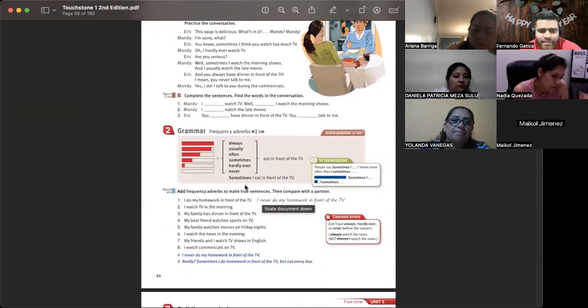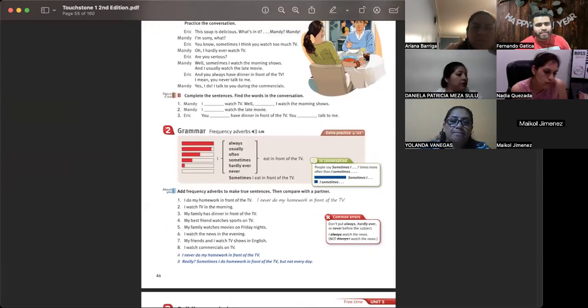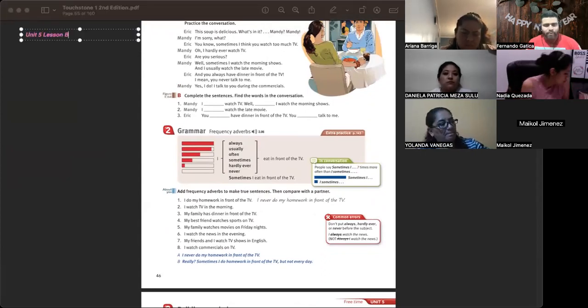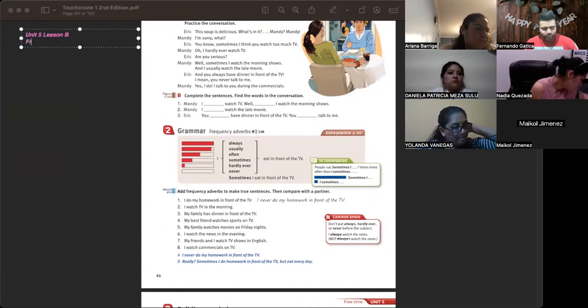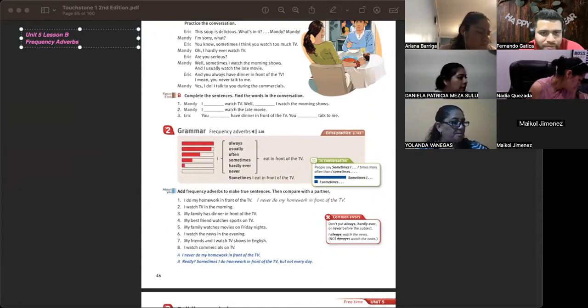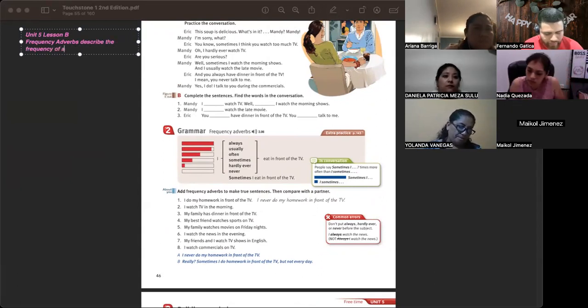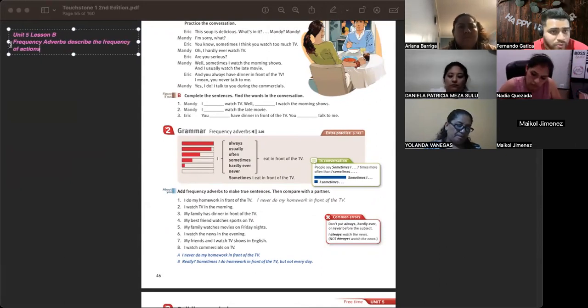In the next lesson, page 46, unit 5, lesson B, we practice this thing called frequency adverbs. Frequency adverbs describe the frequency of actions. Los adverbios de frecuencia describen la frecuencia de acciones.